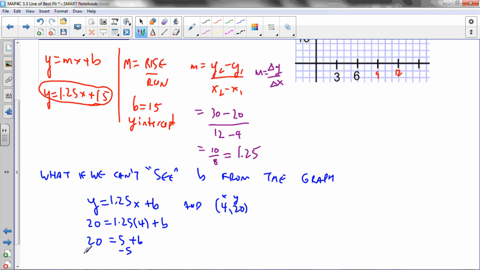Subtract 5 from both sides. A little bit of algebra work doesn't hurt us, and then there we've got it. b is 15, so therefore y equals 1.25x plus 15 is the required equation. Big 3-minute review, but actually that's a lot of today's lesson, so let's keep going.